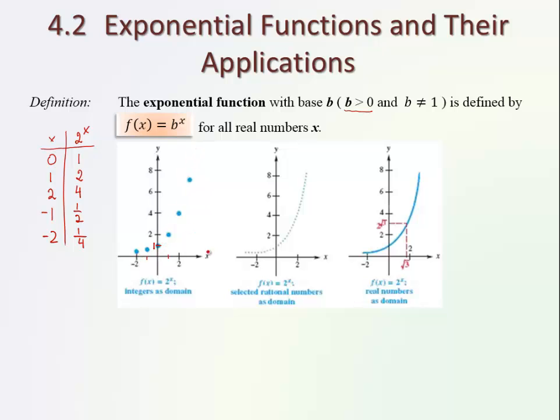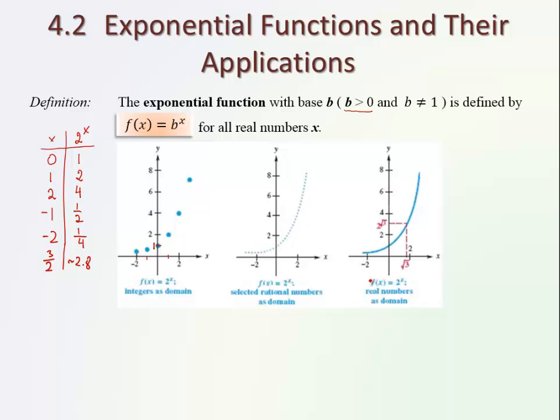But if we want to check more points, for example, an irrational number, we can just approximate. If our x would be 3/2, then using a calculator, 2 to the 3/2 would be approximately 2.8. And we can plot some more points. So 3/2 about here, 2.8, or maybe about here. We can check more points.